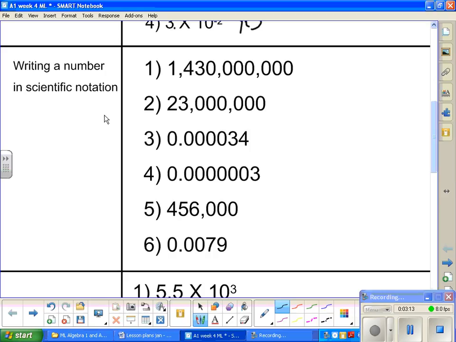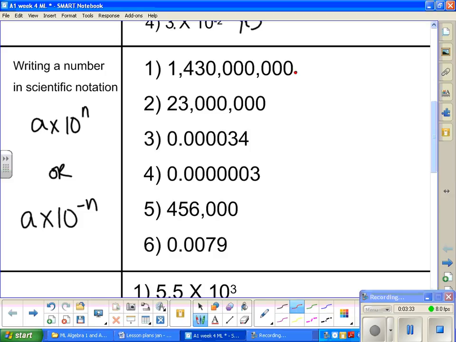Writing a number in scientific notation. So you're either going to have a times 10 to the nth power, or you're going to have a times 10 to the negative nth power. So remember your decimal, if you don't see one, it's in the back. So there's a decimal back here.